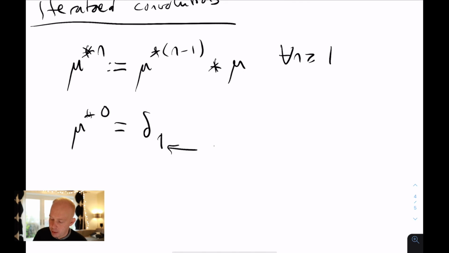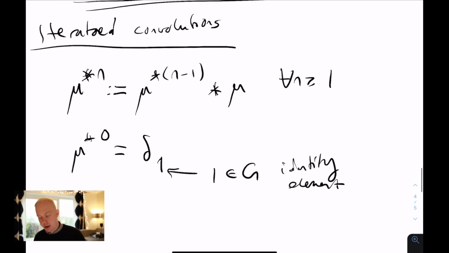Remember that 1 is the identity, or the neutral element. In the case of the group Z_p, the identity element was the point 0 if you use the additive group structure. Here we are using multiplicative notation, so that's why we have the Dirac point at the point 1. So that's the notion of iterated convolution.